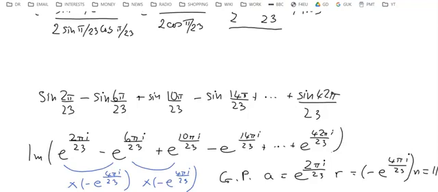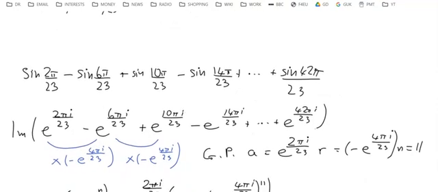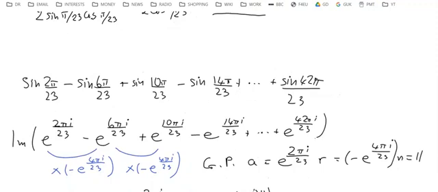Each of these terms is multiplied in turn by −e^(4πi/23). So we have a geometric progression once again, similar to the last one, except this time a once again is e^(2πi/23), r is −e^(4πi/23), and n once again is 11.